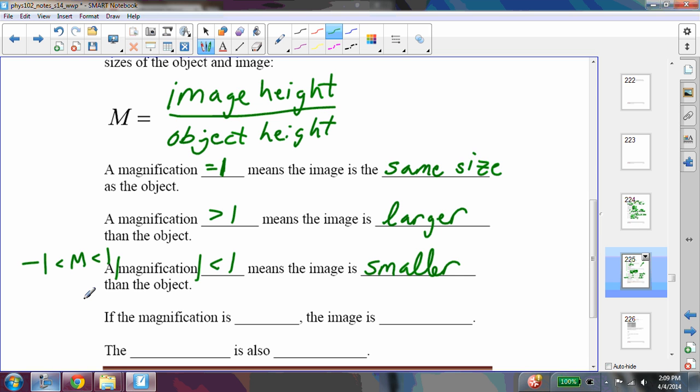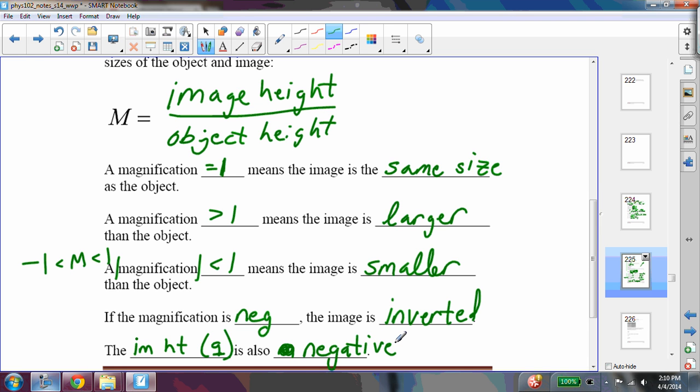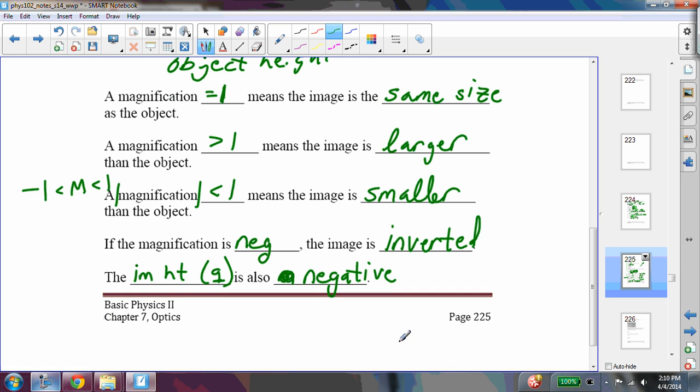All right, and if the magnification is negative, then that means that the image is inverted, it's upside down. And the image height is also negative. Okay, I'm going to summarize all these in a table in a little while, but these are all just standards that we adopt for describing images in mirrors and lenses.